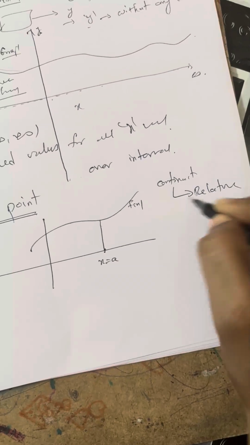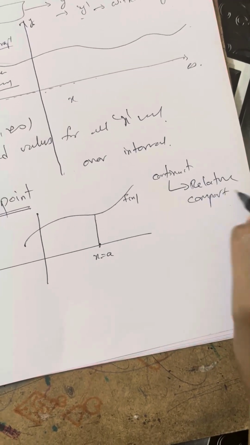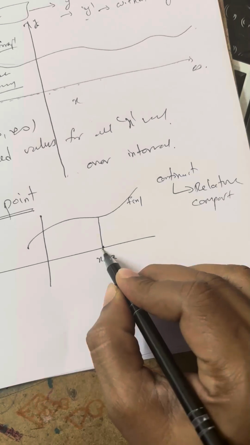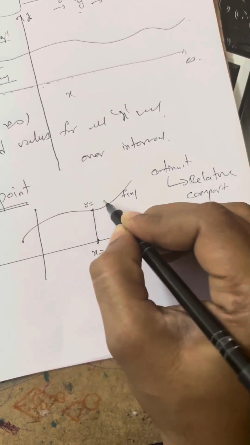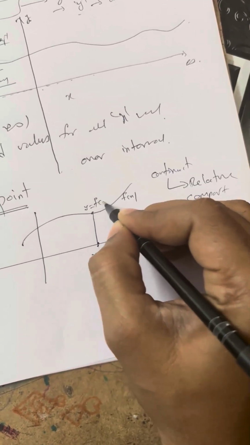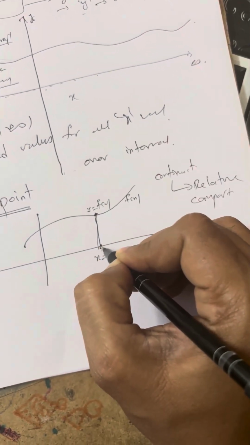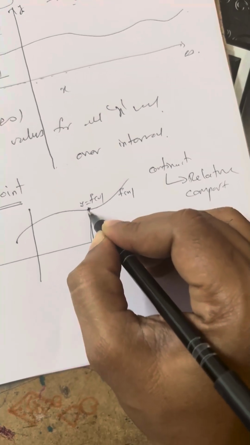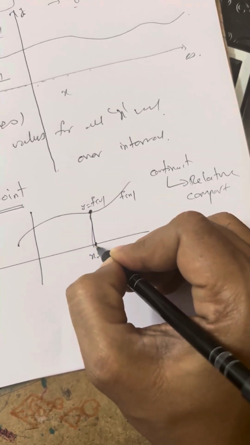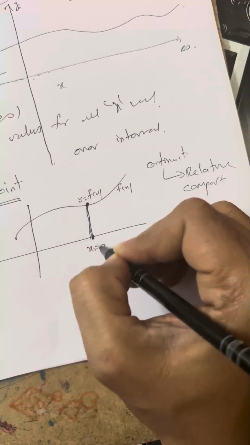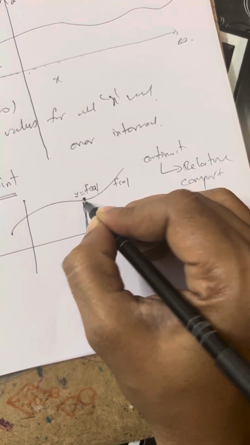Relative means it is comparative. At a single point, if you have some y equal to f of a, we cannot say that it is continuous. Continuous at some value of x is again comparative. So if you just have f of a, you cannot say it is continuous.